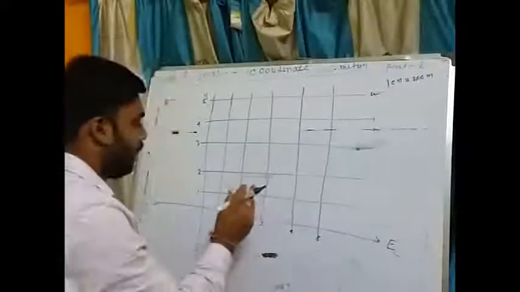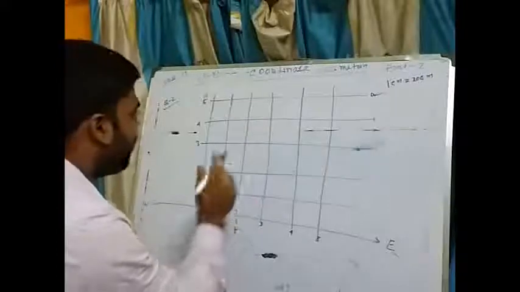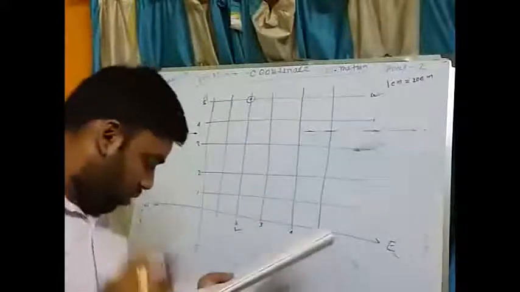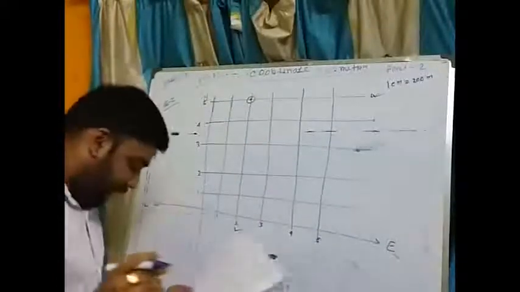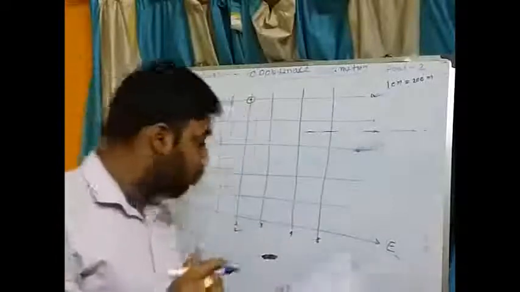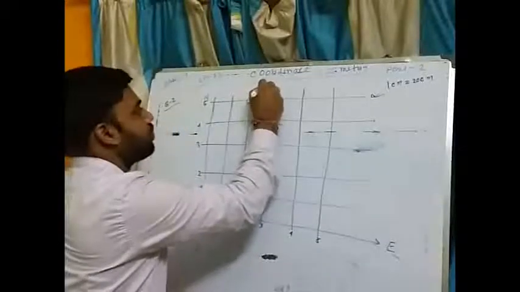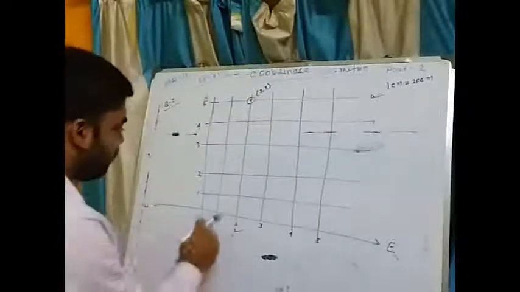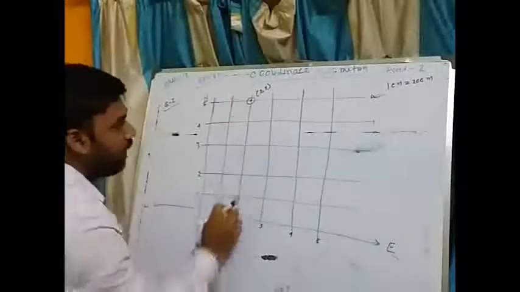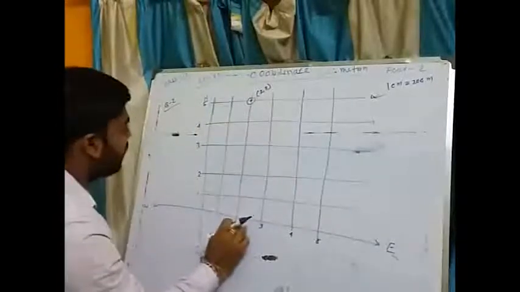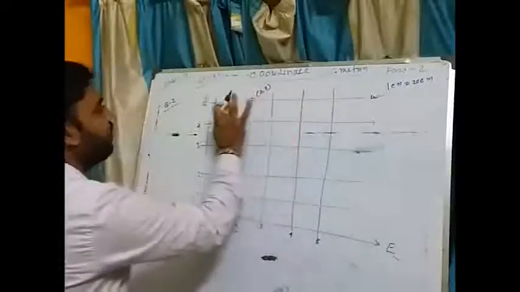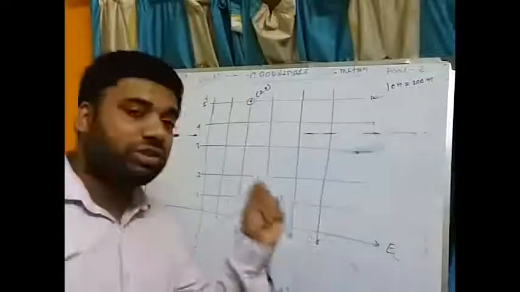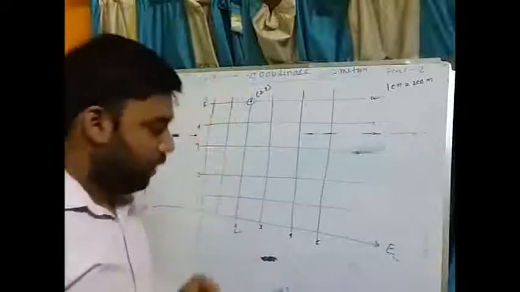The combination of these two meets at that point, and it is denoted as 2,5. That means road number 2 in the north-south direction and the 5th road along the east-west direction. This cross street is denoted in this manner.